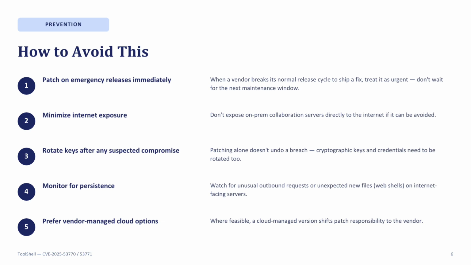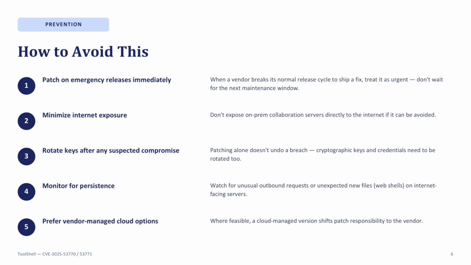Prevention. How to avoid this. Patch on emergency releases immediately. Minimize internet exposure. Rotate keys after any suspected compromise. Monitor for persistence. Prefer vendor-managed cloud options. ToolShell, CVE-2025-53770 and CVE-2025-53771. When a vendor breaks its normal release cycle to ship a fix, treat it as urgent.